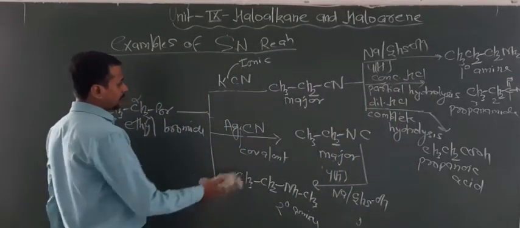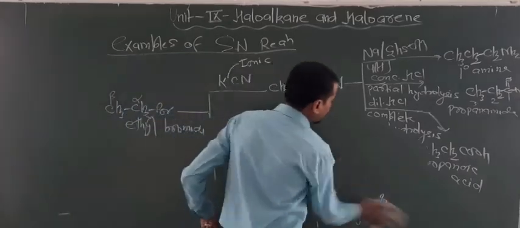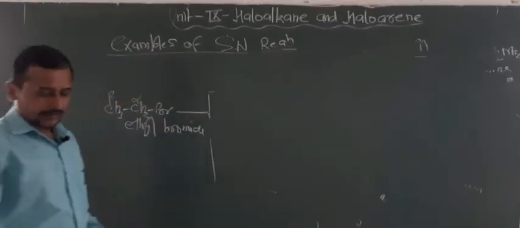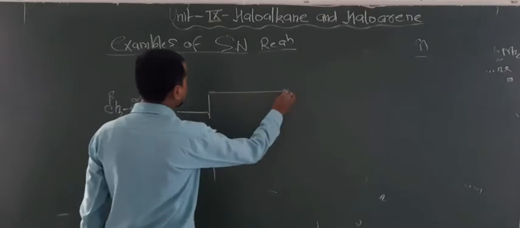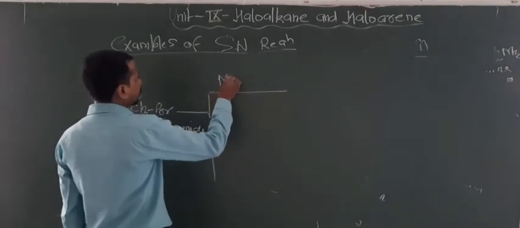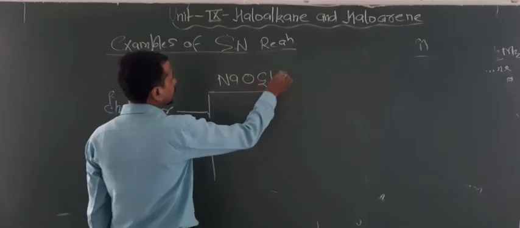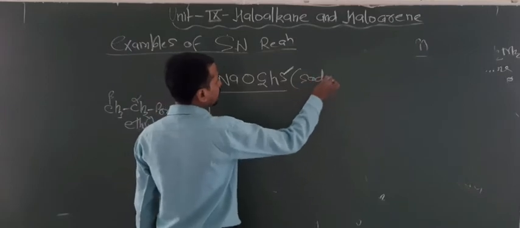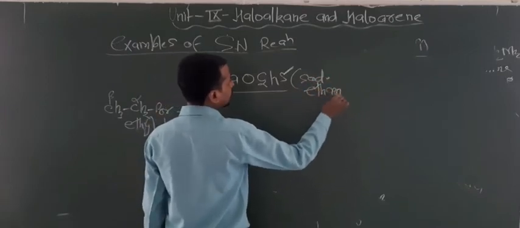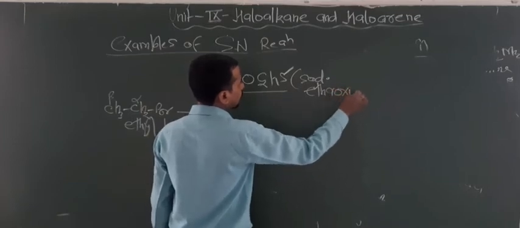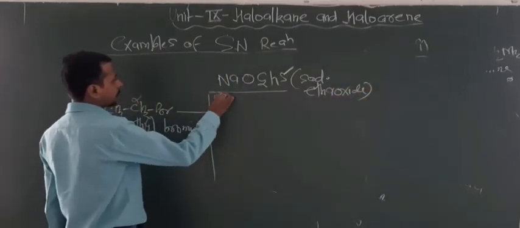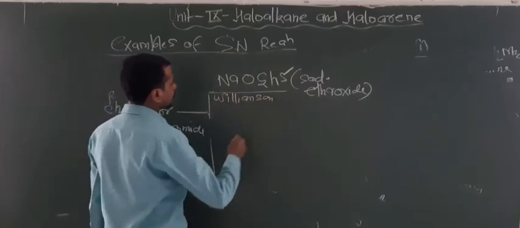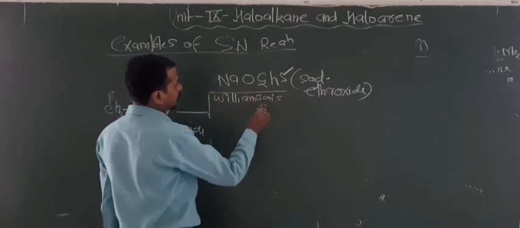Now some more important points regarding nucleophilic substitution reactions. So look here again, ethyl bromide, if it reacts with sodium ethoxide, so this is known as sodium ethoxide, and the reaction is known as Williamson synthesis.